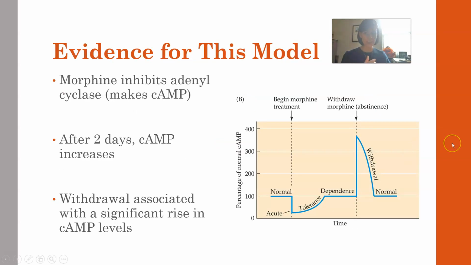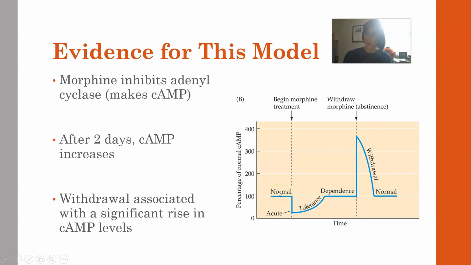So here's some evidence for Himmelsbach's theory. One thing that we know is that opioids, like morphine, actually inhibit a substance called adenyl cyclase. This makes cyclic AMP. Now, here's what's interesting. Here we have an animal and we begin a morphine treatment. What you're looking at here is the percentage of normal cyclic AMP.